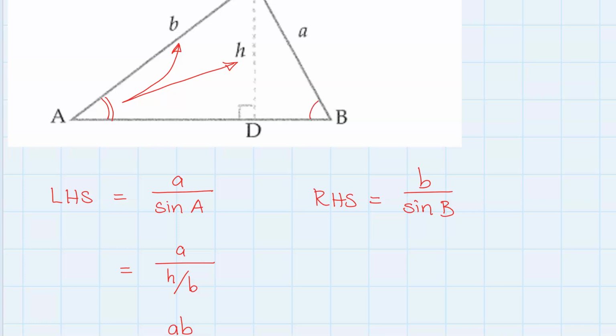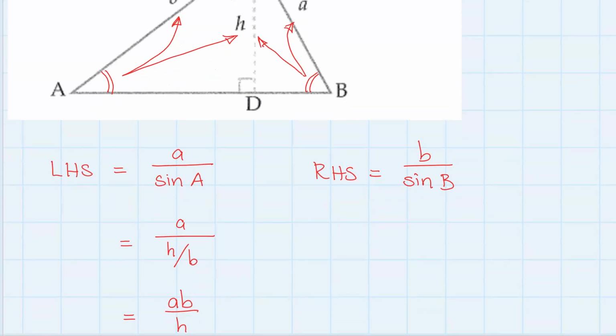So angle B is the angle on the bottom right-hand corner of that triangle, which I've marked. The sine of B is opposite, which is again h, divided by the hypotenuse, which in this case is a. So we're looking at the right-hand right triangle. All right, so h divided by a.